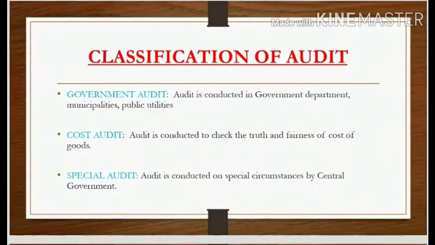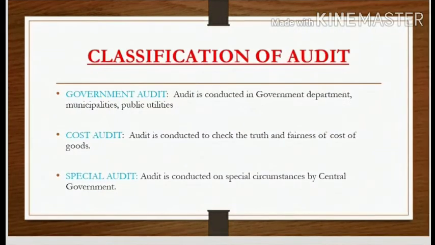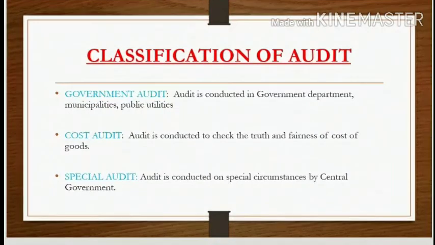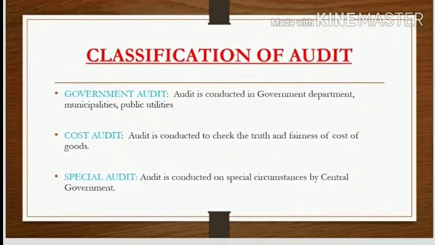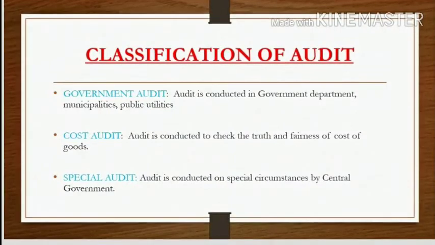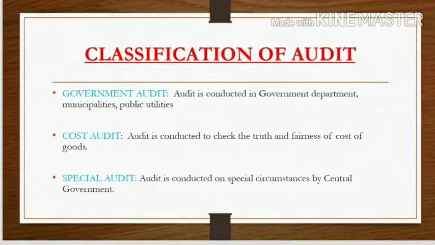Here we will see the government audit, cost audit and special audit. Government audit means the accounts of government departments, public utilities, municipalities and other government institutions are audited by a government auditor.